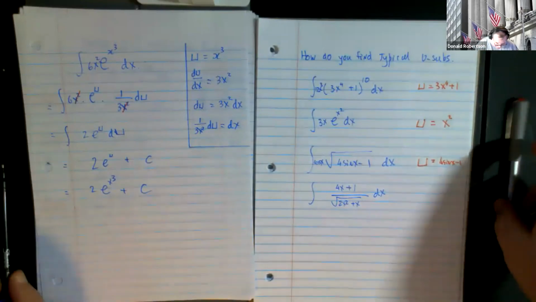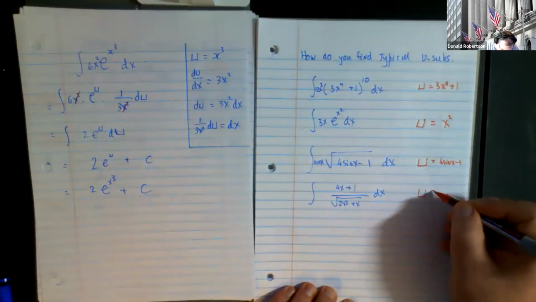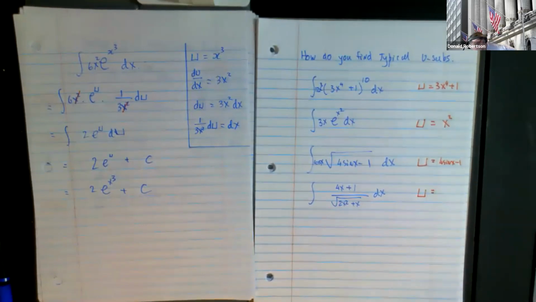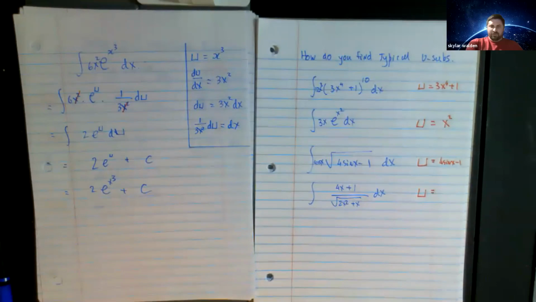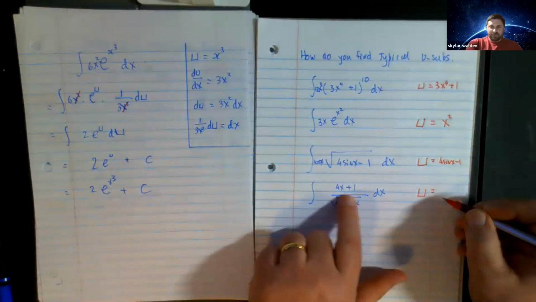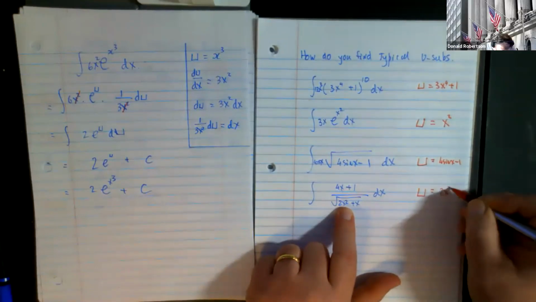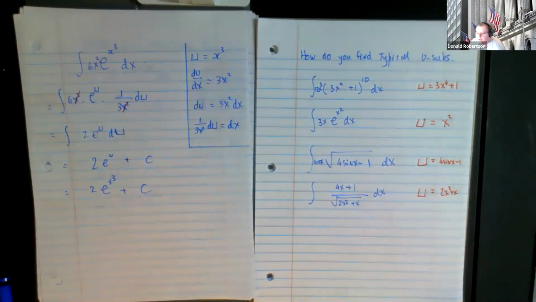What do you think the u sub might be in this case? Whatever the number is on the bottom, I think it's the 2x squared plus x. No. Just the thing inside the square root. If that's what you mean, I agree with you.